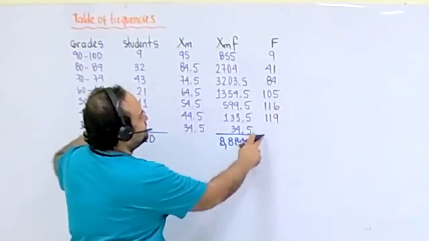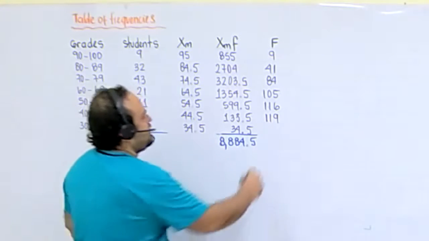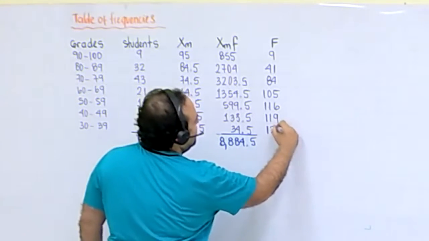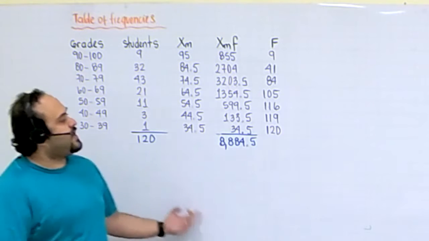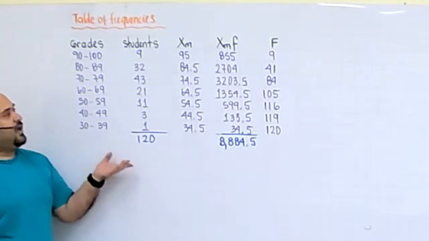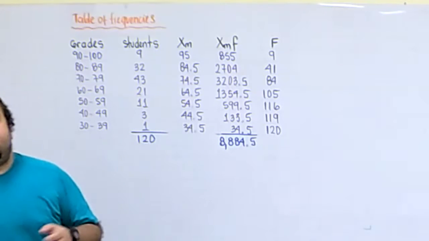And finally, 120. Remember, the last value of the accumulated frequency is always supposed to match the addition of the frequency, the quantity number of students.